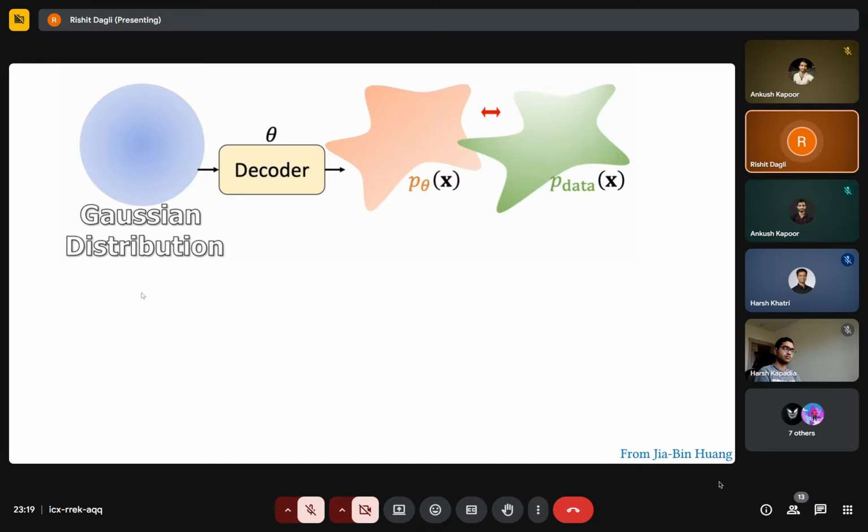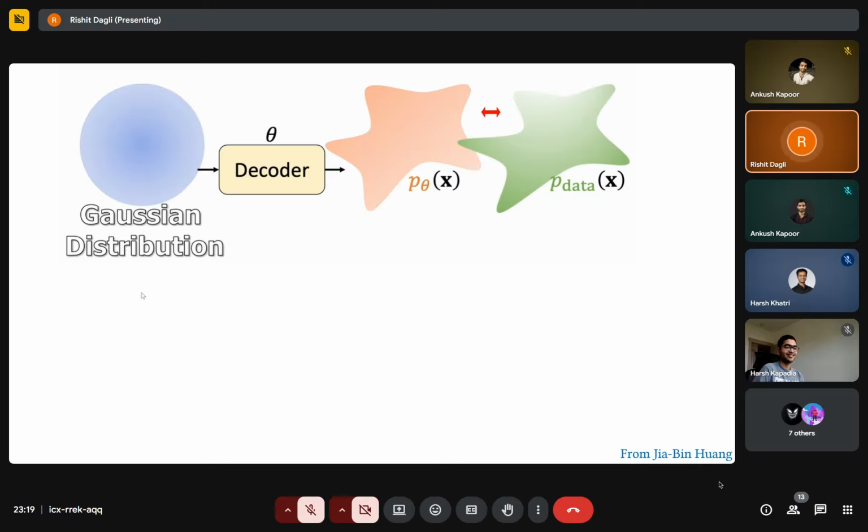Let's just think of images. So it creates a distribution of images, which is a bunch of different images. And what this distribution looks like is it looks somewhat closer to the distribution of real life data. So it looks close to the distribution of real life images, if that makes sense.